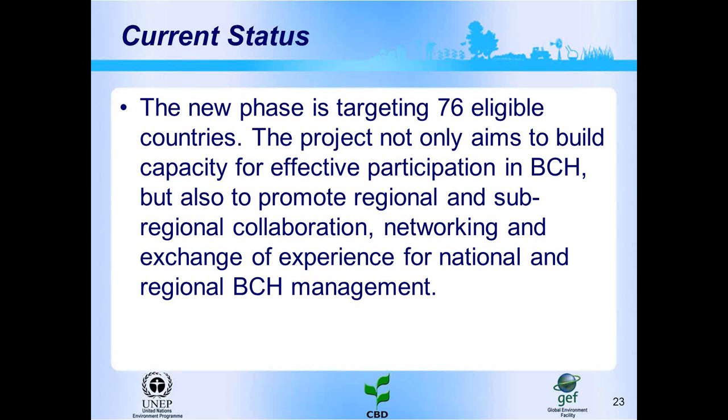But the main focus will be sustainability, meaning that at the end of the project, countries will be independently doing their BCH publishing, registering, having their websites and all the information available by themselves, and they are going to become trainers of trainees.